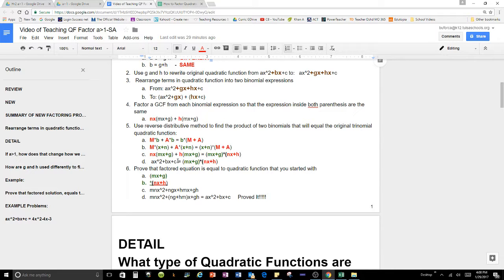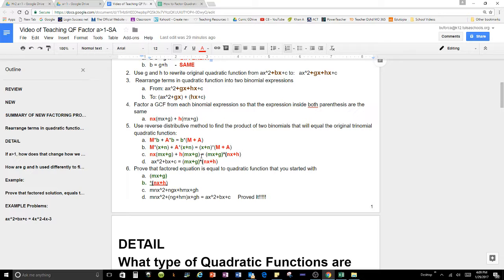Okay, so this works the same way for what our equations are eventually going to look like. Instead of having an m and a, we're going to have nx and h. And nx and h are both going to be multiplied by mx plus g and mx plus g here.